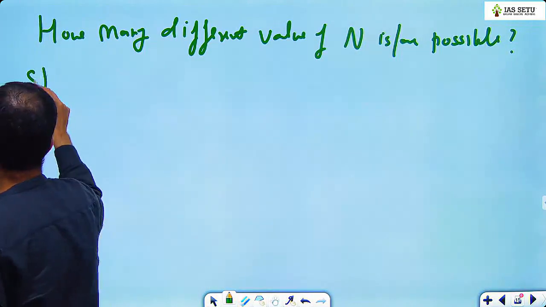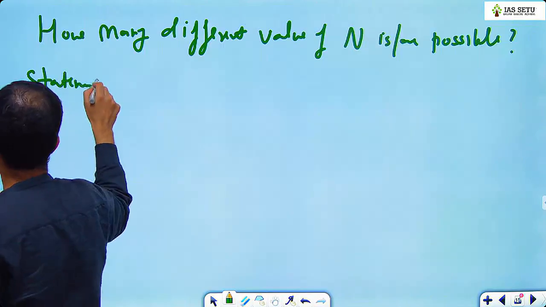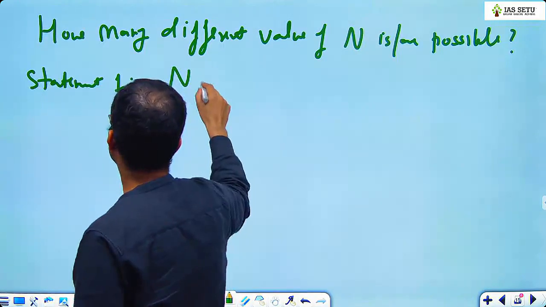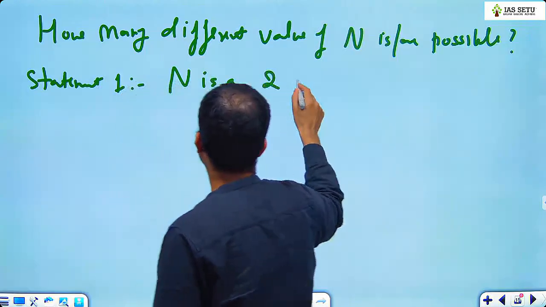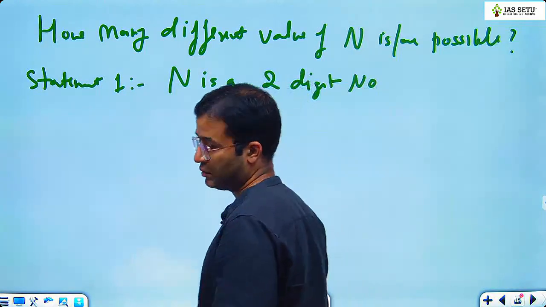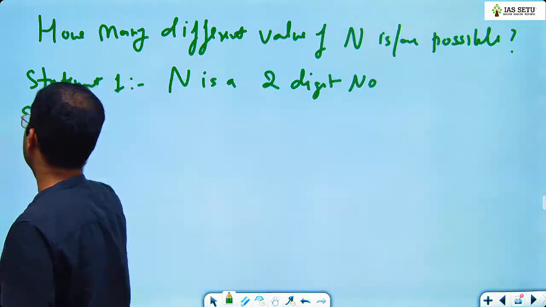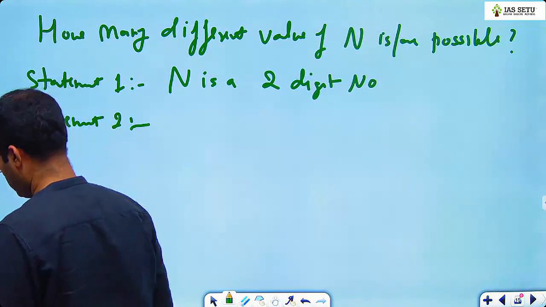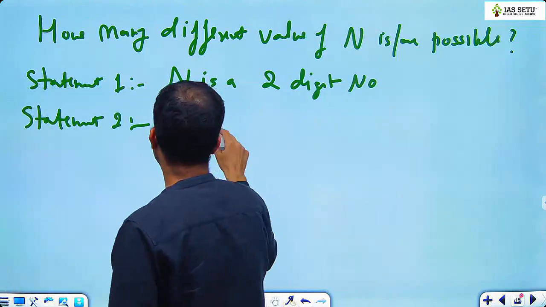Statement number 1, n is a 2-digit number. Statement number 2, n is a prime number.